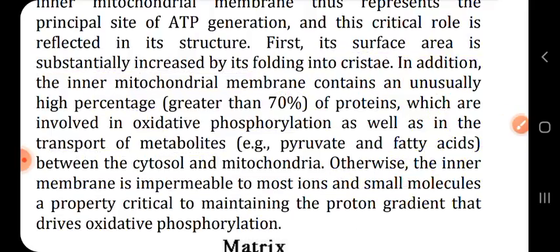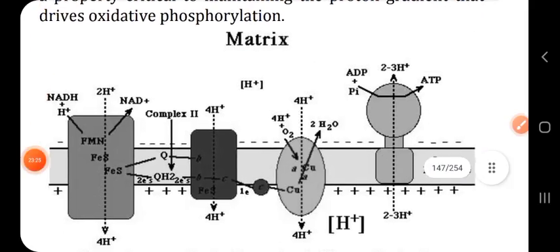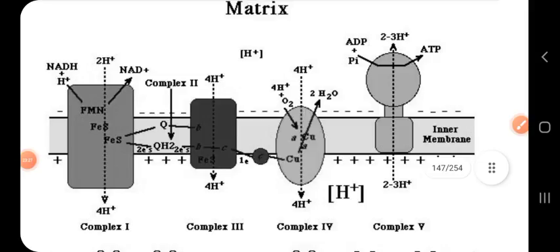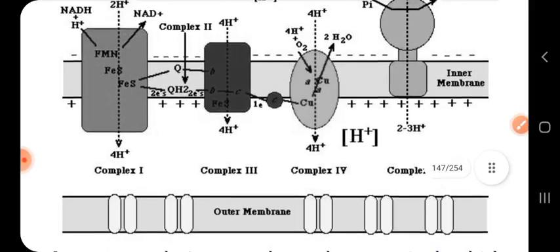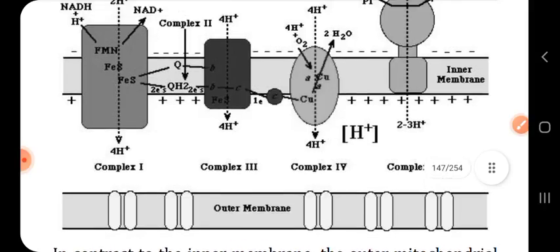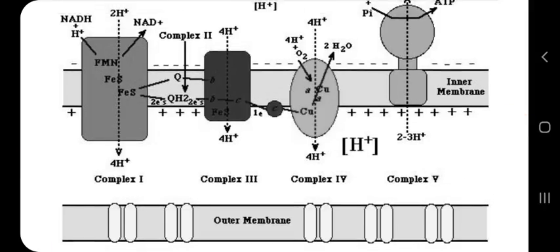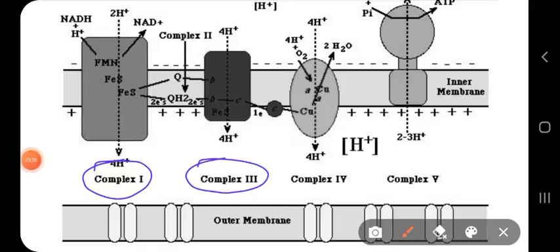Now let us see the overview of the complexes of proteins shown in the inner mitochondrial membrane: complex 1, complex 2, complex 3, complex 4, complex 5.